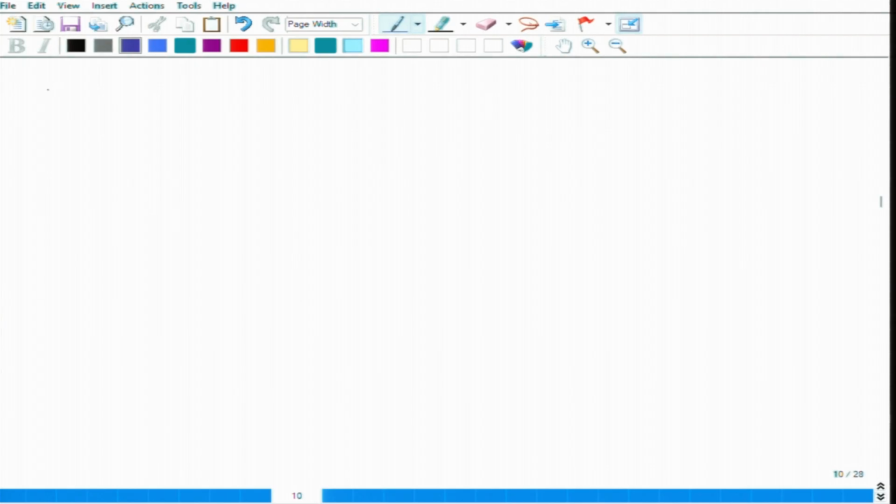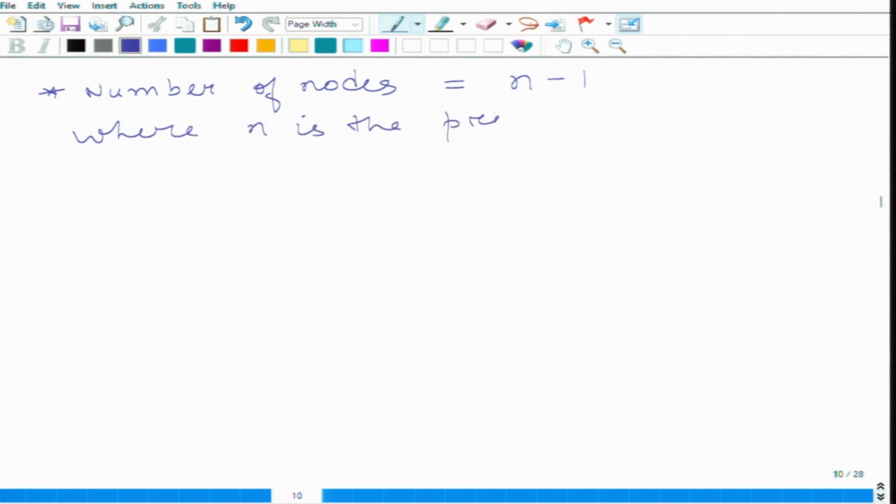First of all, the number of nodes in an orbital is given by n minus 1, where n is the principal quantum number.